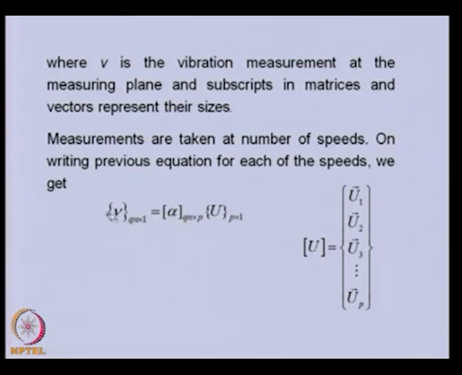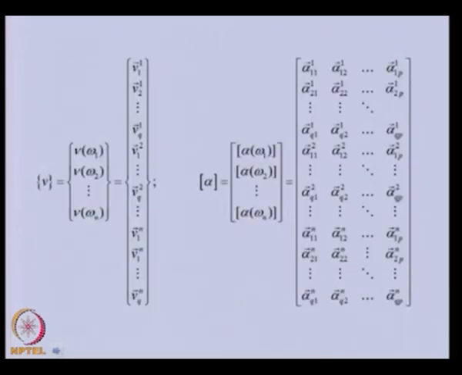Now I will be showing the expanded form of this here. So basically this is the displacement vector corresponding to speed 1, and this is at q number of measuring planes. This is for speed 2, speed n.